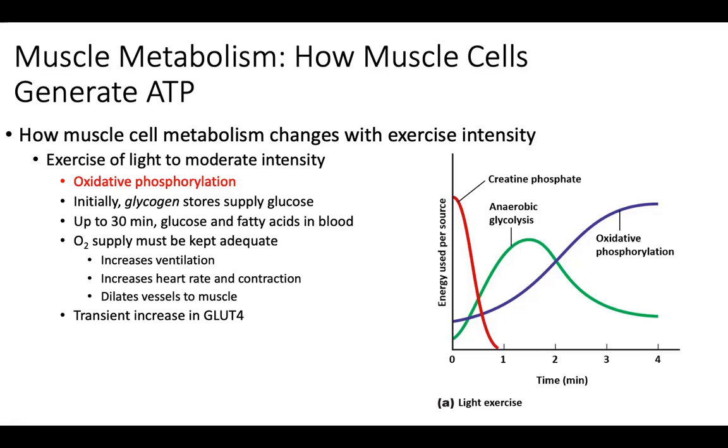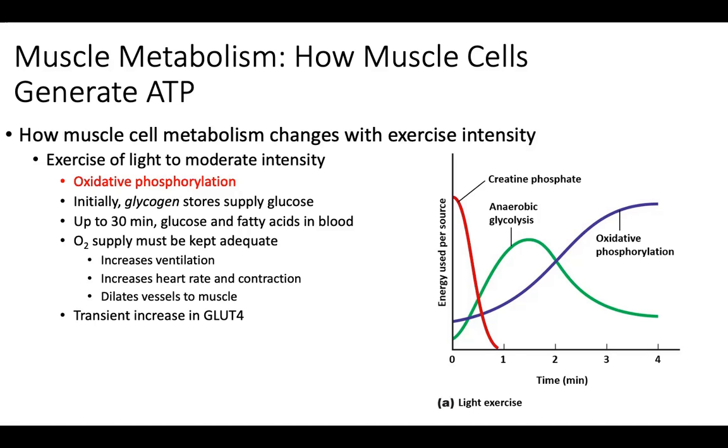Then we tap into glycogen stores. So any glycogen that is in the body, we can start tapping into that and breaking that down. Up to 30 minutes, we can also tap into what's already in the blood. So let's say you've had a meal recently that has glucose, you have glucose actively circulating in the blood, you've got fatty acids actively circulating in the blood.